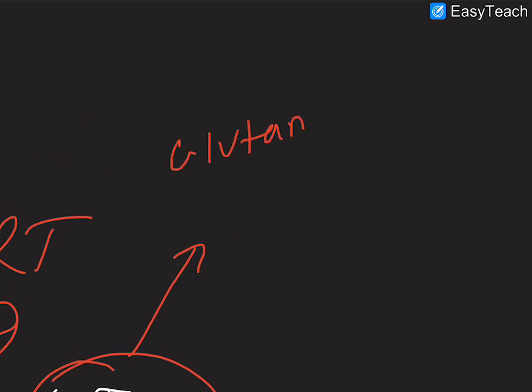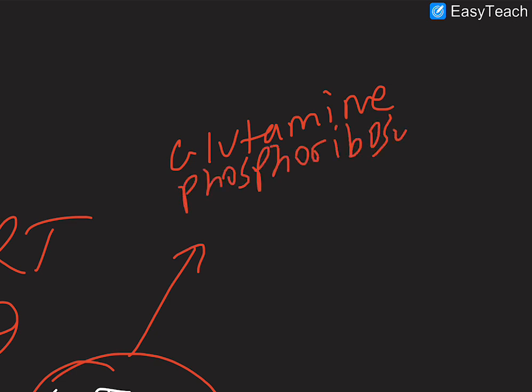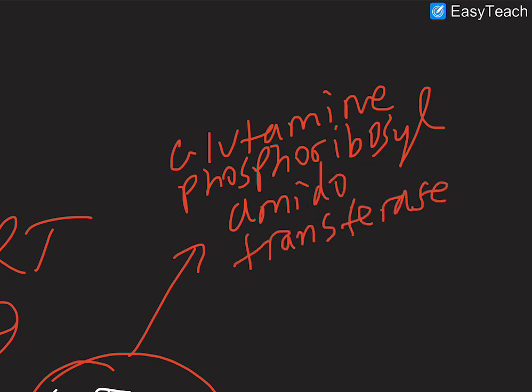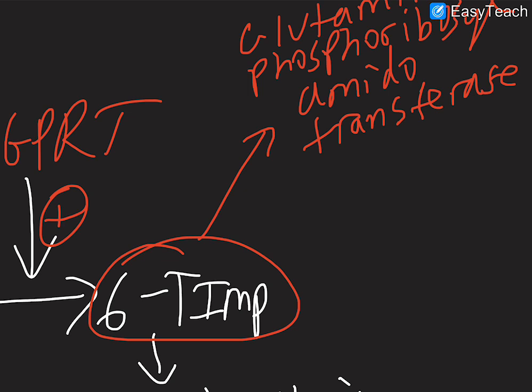Glutamine phosphoribosyl aminotransferase, also called PRPP aminotransferase. 6-TIMP will go and inhibit this enzyme.